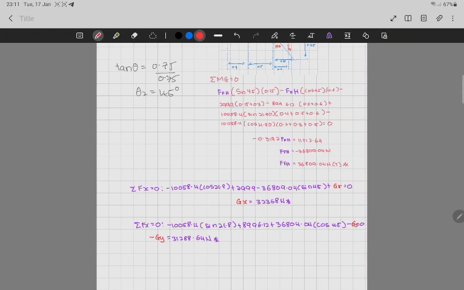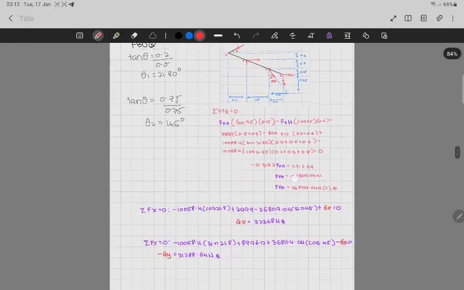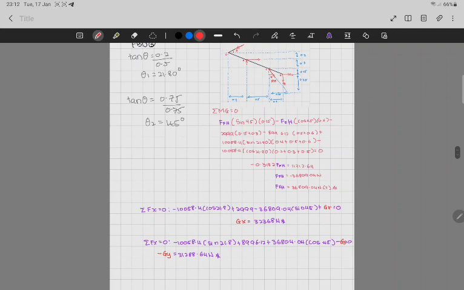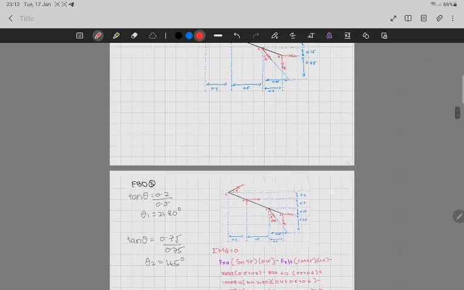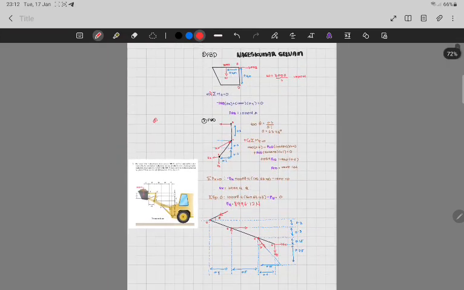So Gy going there becomes negative, so I got 31,288.64 Newton. So question 3 is done. The pin reactions Fx and Fy we already found out. So that's all from me.